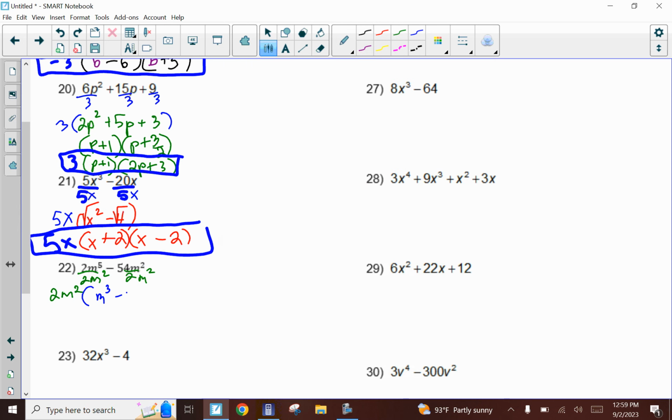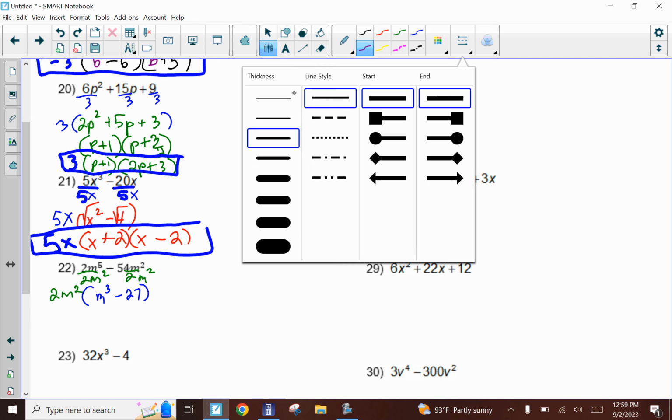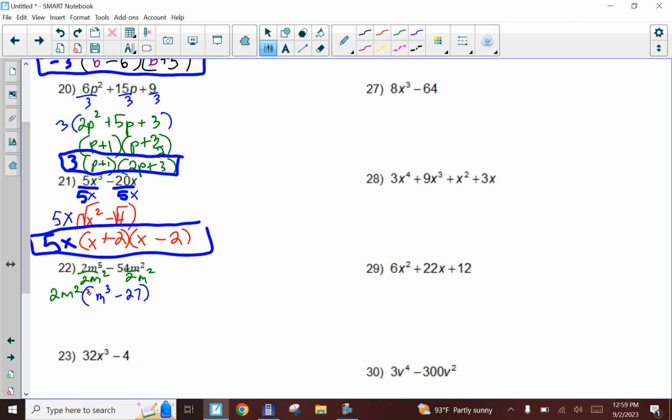27. Makes sense. 27. So now that 3 right there, that's a dead giveaway that this has to be a cubes problem. So a cubes problem, we're going to have to cube root. Cube root. So this is going to give me m in 3. And then following the cubes pattern, this is a and this is b. So this would be AA, AB, and BB.